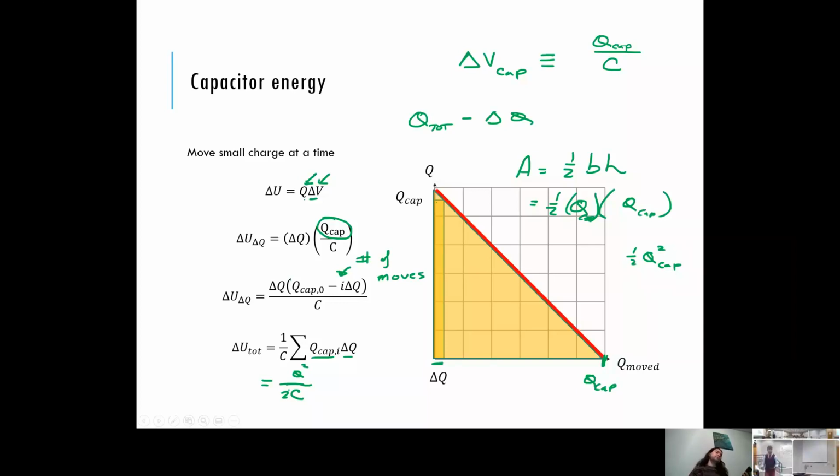When you take a capacitor and you charge it up, and then you turn around and you want to discharge it, the total amount of energy that you can discharge from that capacitor is the charge of the capacitor Q squared divided by 2C.